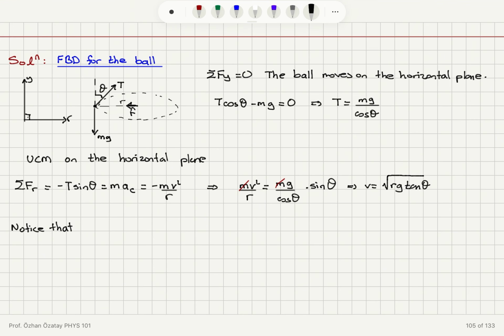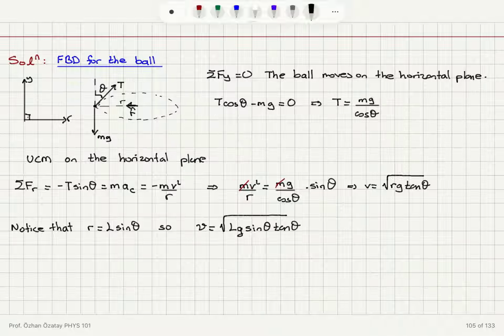So r, the radius of the circle, is L sine theta. So I can write my final answer as v is equal to the square root of L g sine theta tangent theta.